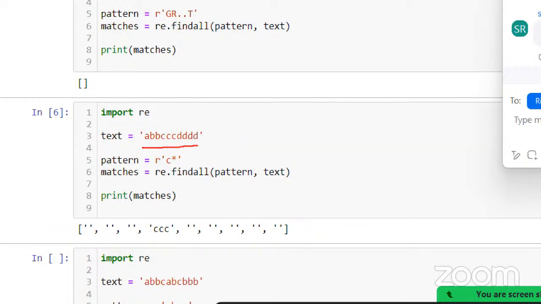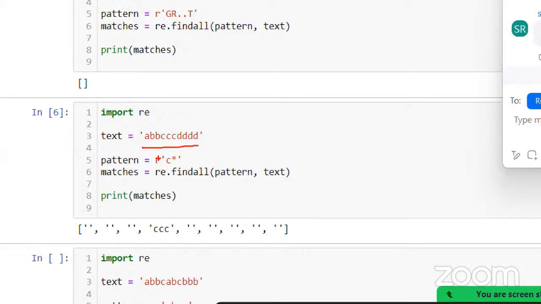We are looking for R. See, this is the syntax when you are writing the pattern manually. So always make sure that R precedes whatever expression you are writing, and the expression should be within single quotes. So what we are looking for is anything starting with C followed by any number of characters, correct or not?